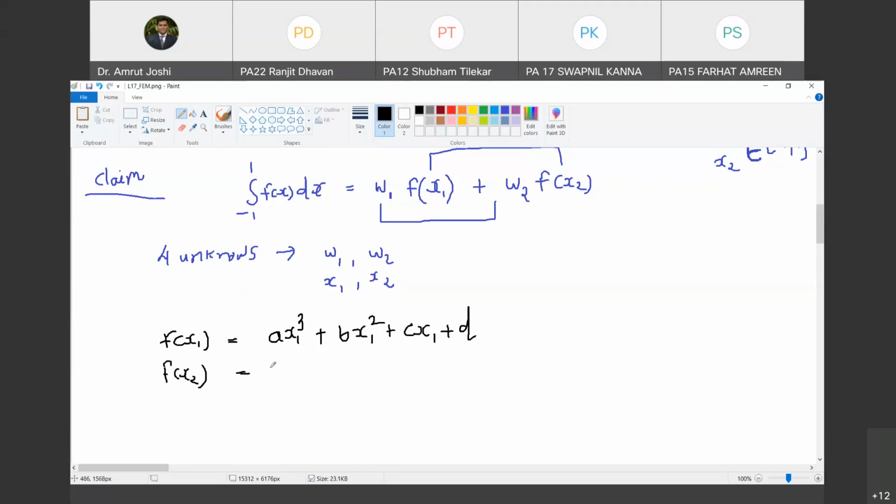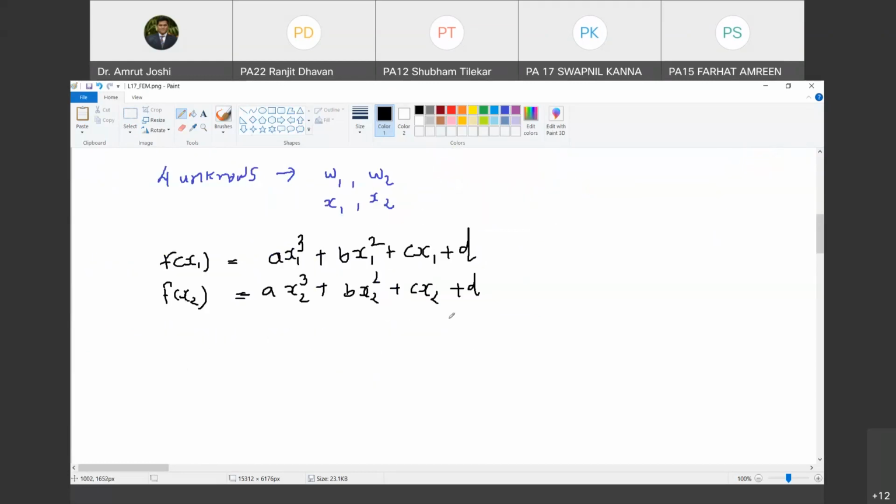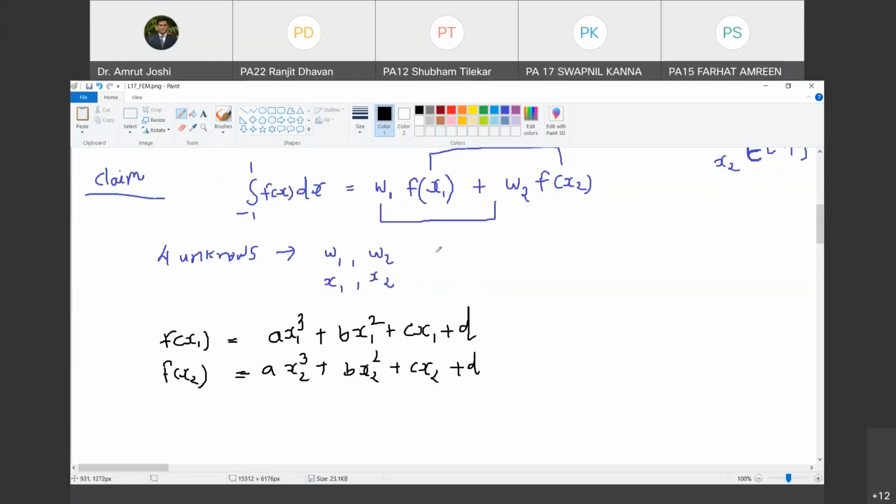And what is f of x2? Tell me. a x2 cube plus b x2 square plus c x2 plus d. Happy? And now I'm going to take the liberty of not showing every step again. When I multiply the first term by w1 and the second term by w2, and collect the coefficients of a, what am I going to get?